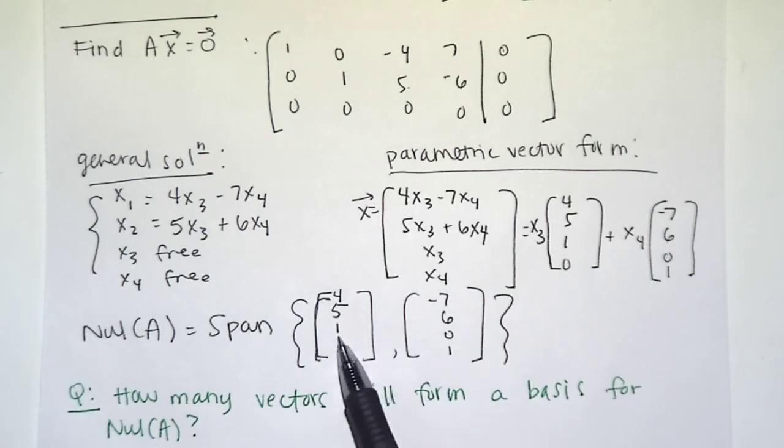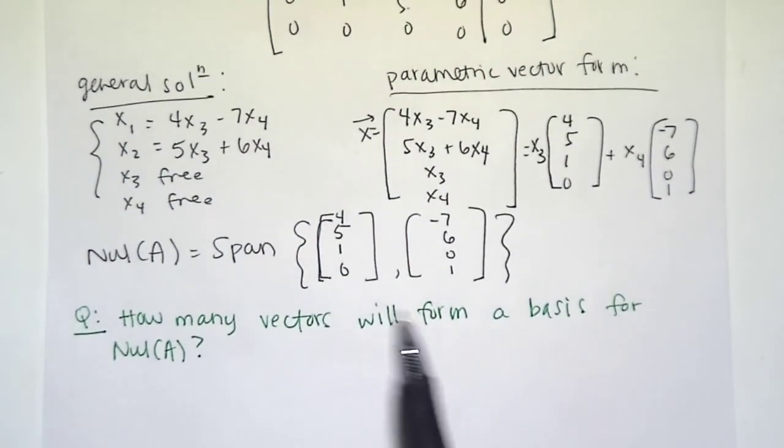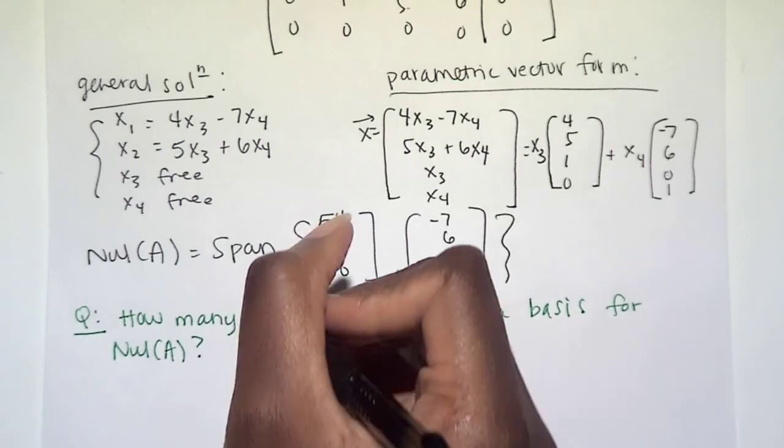All right, because there are only two things here, and they are both linearly independent, then there are going to be two basis elements.